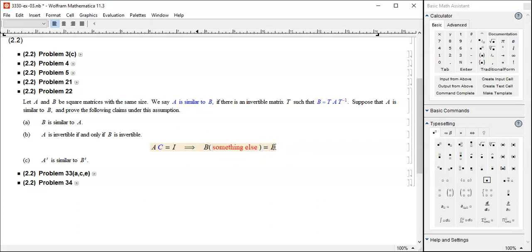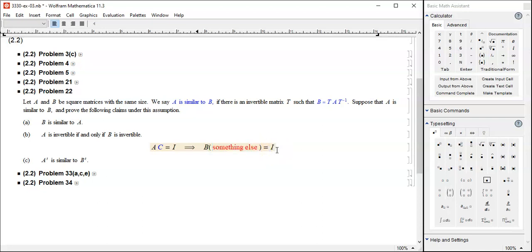It's going to be some C expression, but also you'll have to use this: B is T times A times T inverse. So figure this one out, and then that's about it.